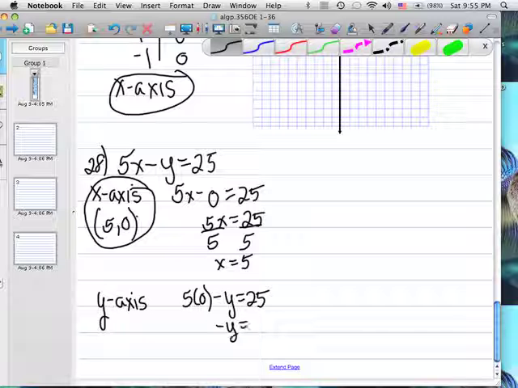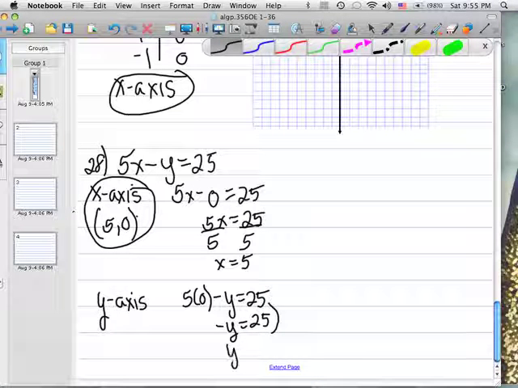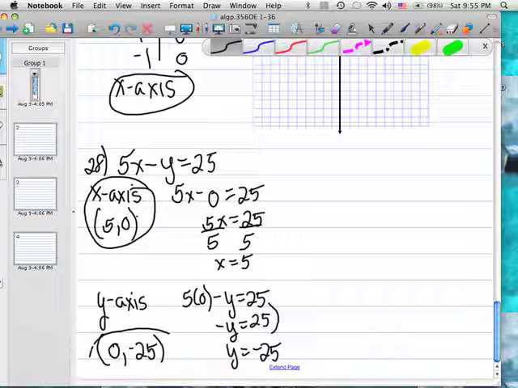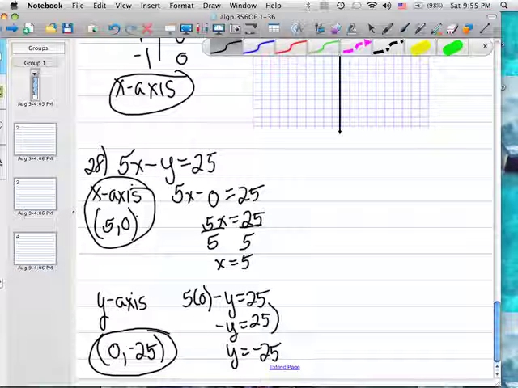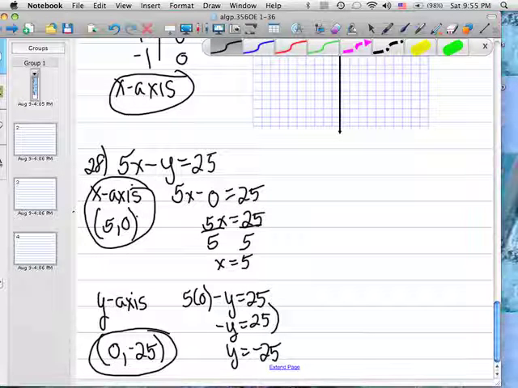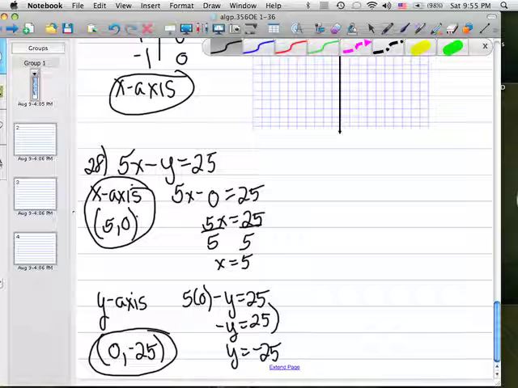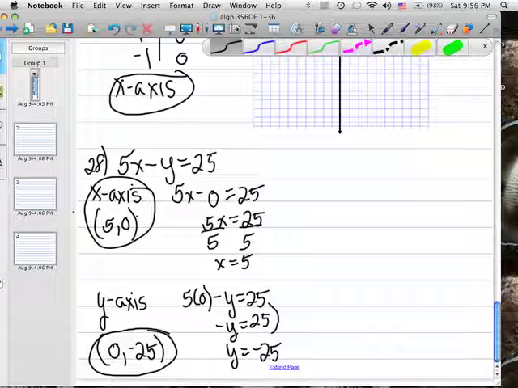So negative y equals 25. So y equals -25. So it crosses the y-axis when x is 0 and y is -25. So the rule is, if you want to know where it crosses the x-axis, let y be 0 and find the value for x. If you want to know where it crosses the y-axis, let x be 0 and then find the value for y.